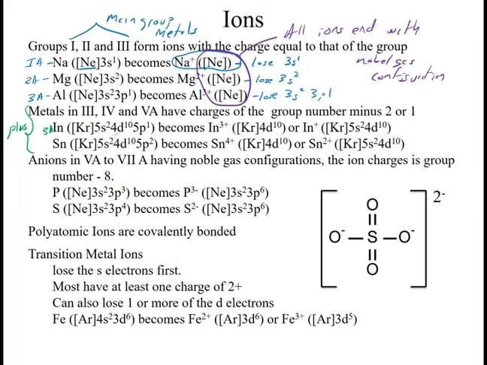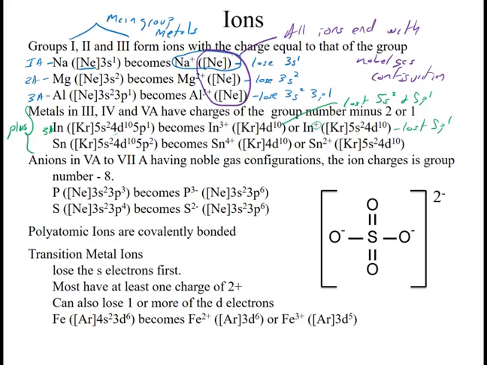So it could either become indium 3+, which means it lost both the 5s2 and the 5p1, or it can become indium with a +1, and this one lost the 5p1. And so the 4d10 is considered to be the pseudo-noble gas. Okay, and so this is going to be the most stable here.